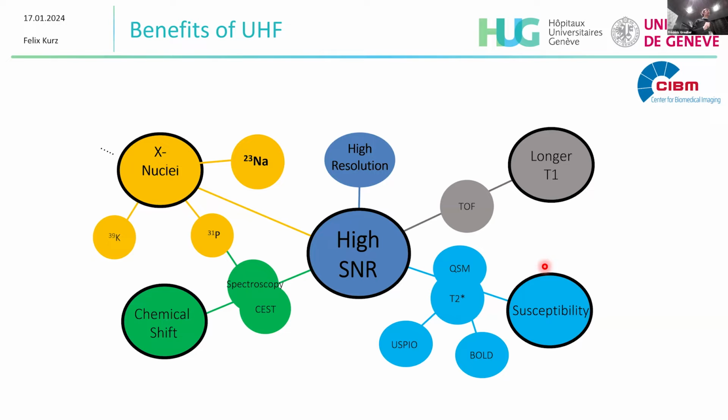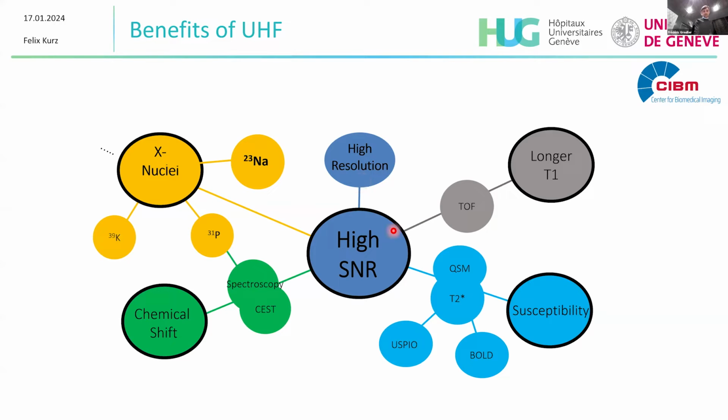I'm sure that most of you are more or less familiar with this, but of course you have a much higher SNR that scales quadratically with the B0, so the magnetic field strength, whereas the noise only scales linearly. So you have a significant gain in signal-to-noise ratio, giving you either a very high resolution or the possibility to measure at a similar resolution to 3T, but in a shorter amount of time.